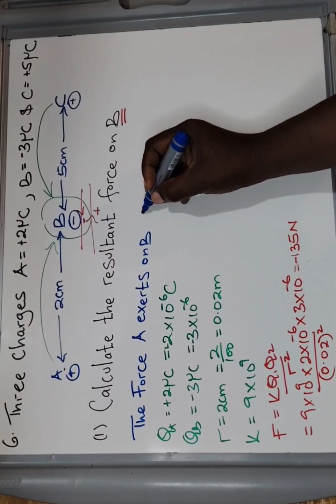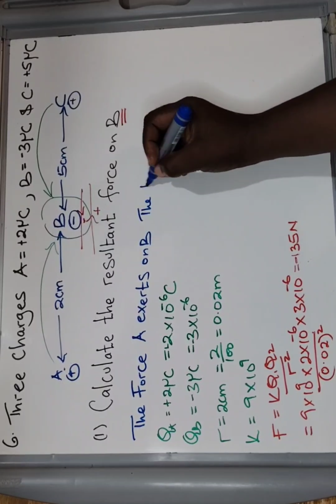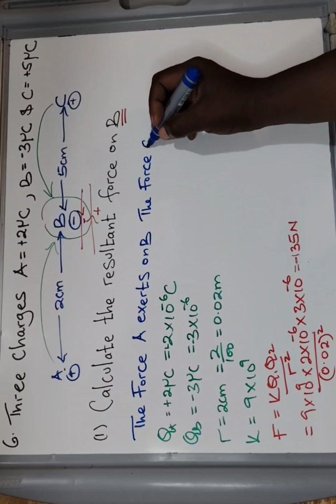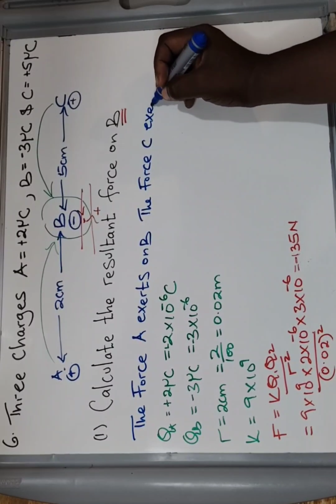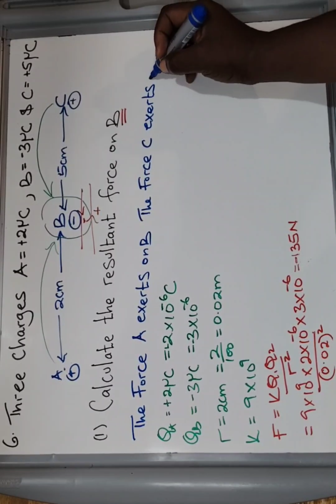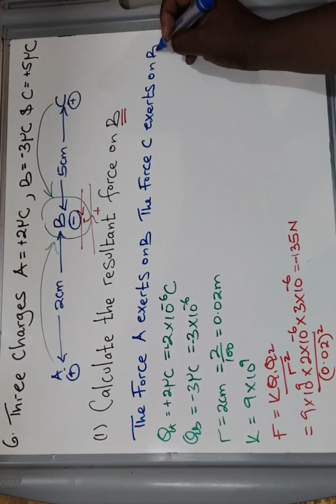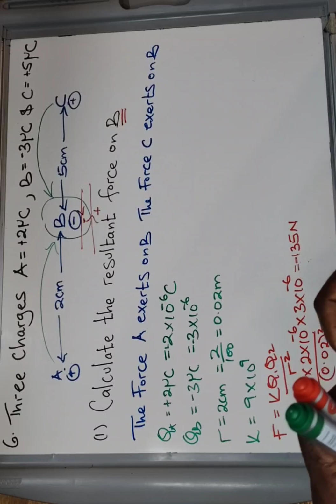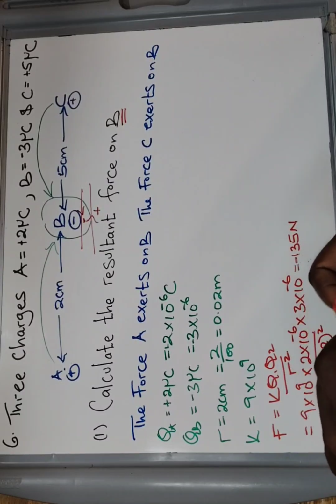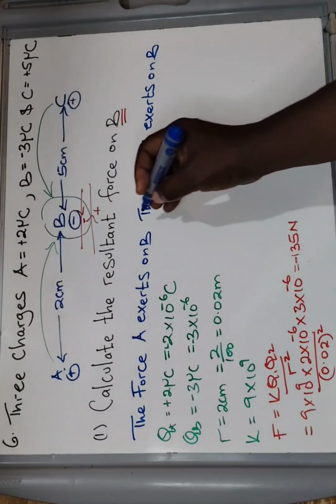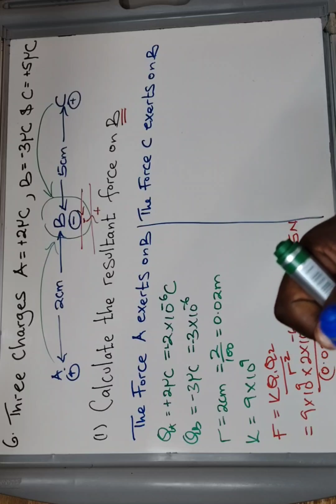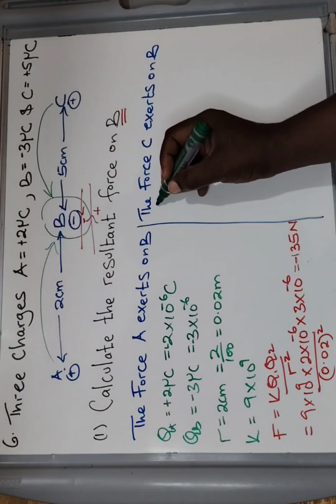What does it say? The force C exerts on B. You have to remember that we are calculating the net or resultant force on B. So if we go by that side, you have to check what we have. In this case, you have QC.